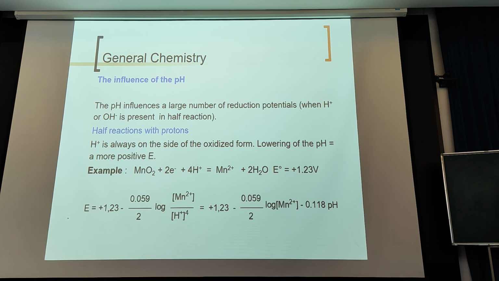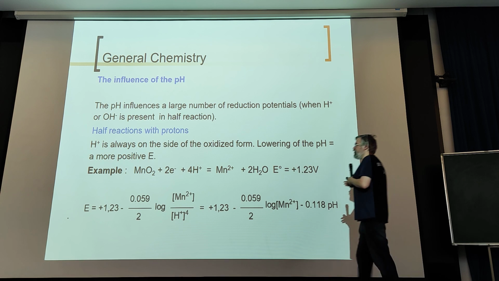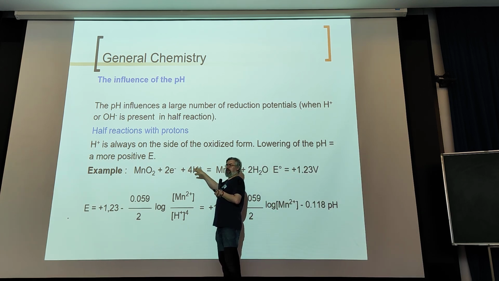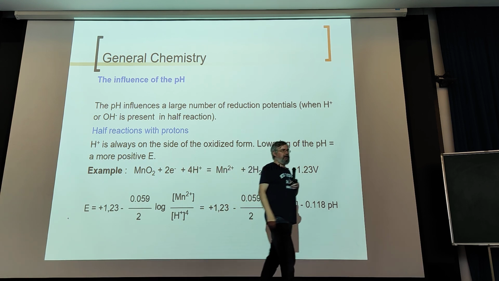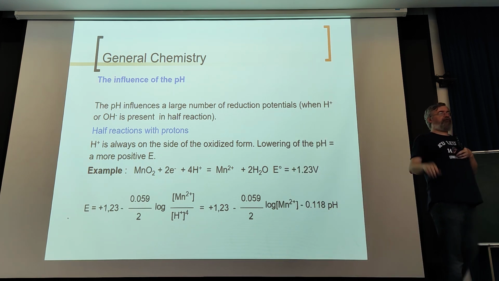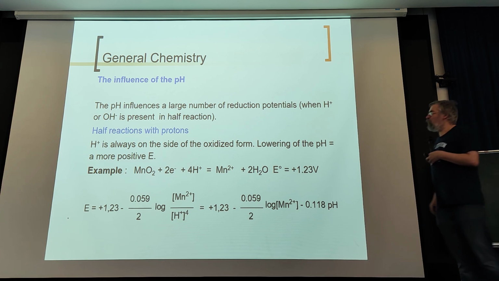So here we see an example in acidic medium. We know that it's acidic medium because we see protons in our half reaction. And if you have protons, they're always on the left side, on the oxidized form, because we always have oxidized form plus electrons equals reduced form plus some other stuff.